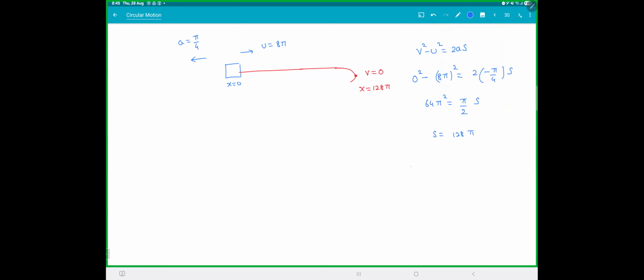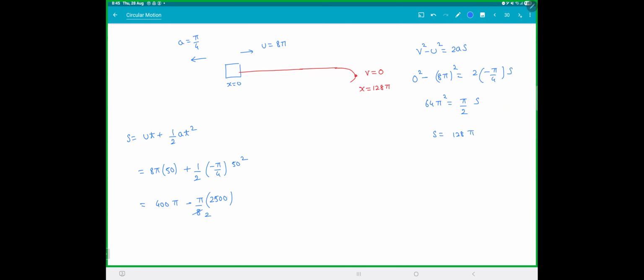Great. And then if I use the equation s is equal to ut plus half at square, this will give me displacement. The u is 8 pi and time is given as 50 seconds, plus half into minus pi by 4 into 50 square. How much is this? 400 pi minus pi by 8 into 2500.